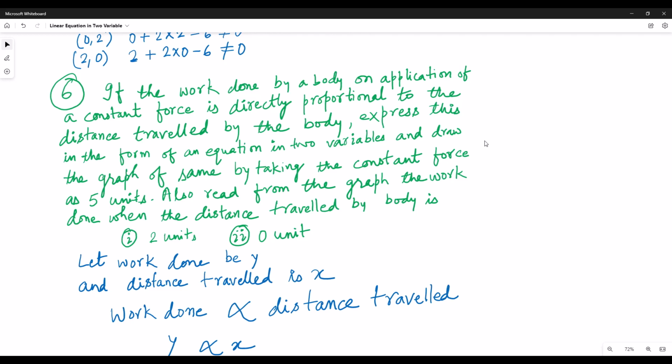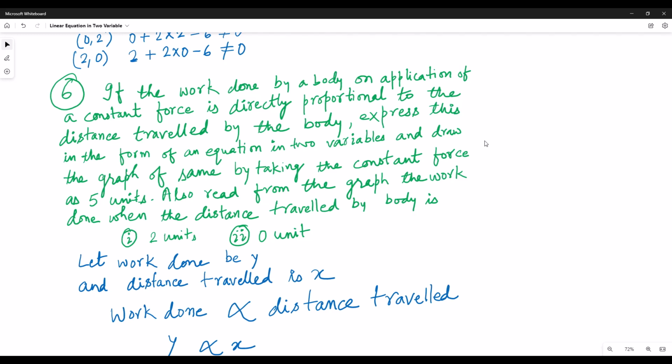Whatever force you are applying, and for how much distance you are applying it, force multiplied by that distance will do the work, and that work will be stored in the form of kinetic energy, if there is no friction, because that body will get the acceleration.